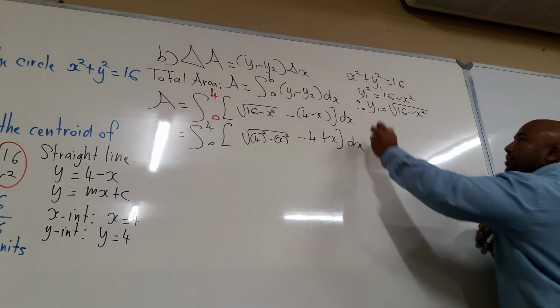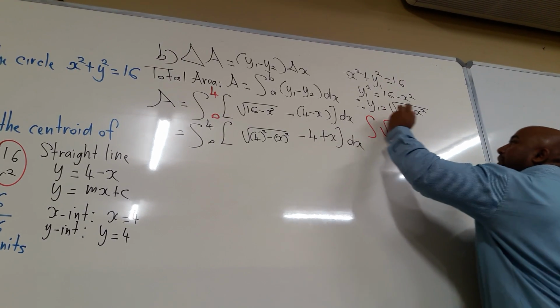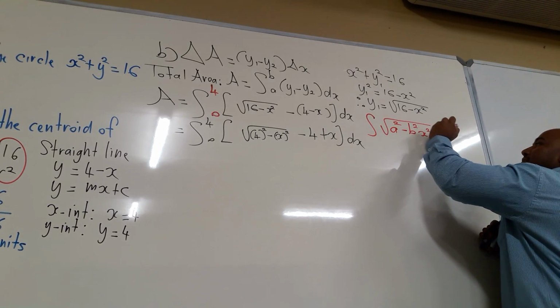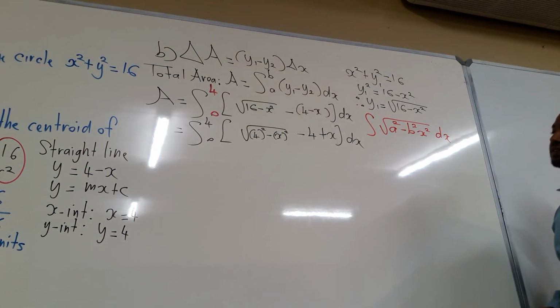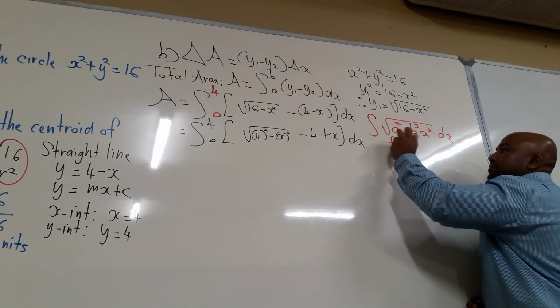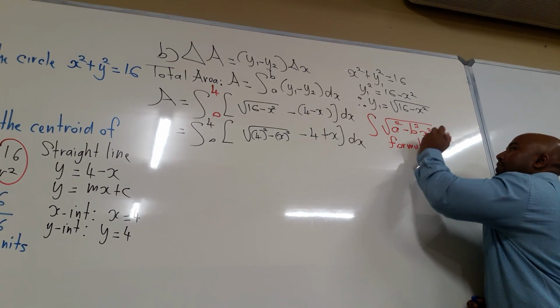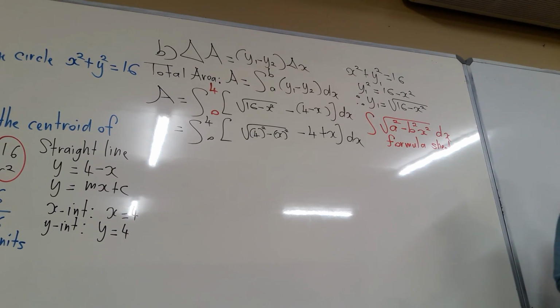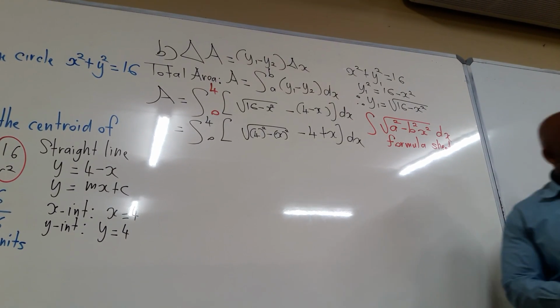So what are we looking for? We are looking for the square root of a squared minus b squared x squared dx. You have to know where to find it quickly.